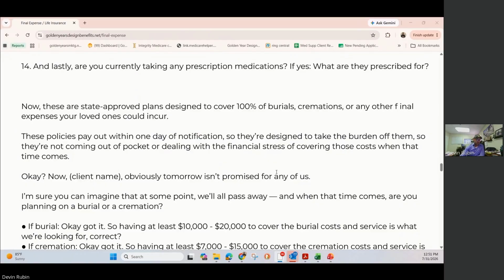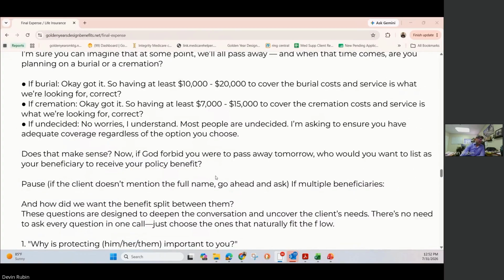All right. So let's go through the costs of a funeral. We know that the burial costs have gone up over the years. So you're looking at anywhere from $10,000 to $20,000 to cover the burial costs of service. And typically people get together at a social event. So we typically don't quote anything less than 10,000 unless there's a real problem with paying for it.